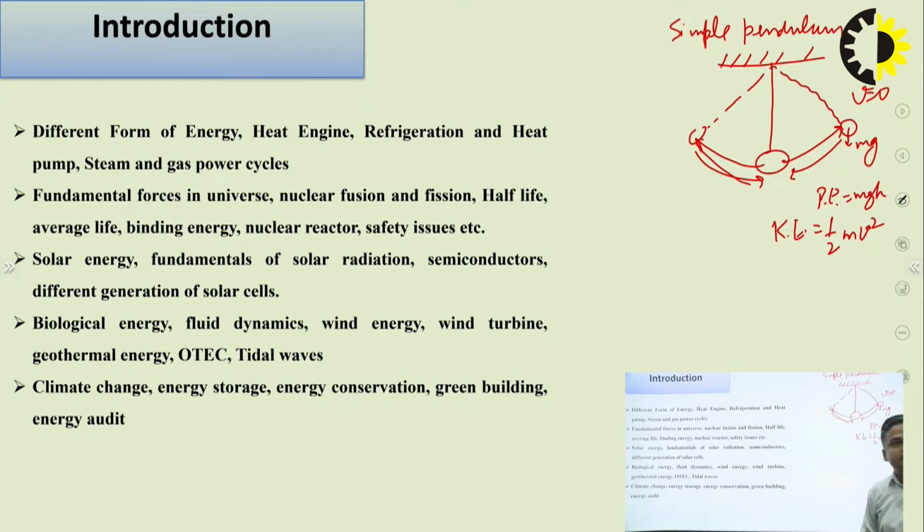Now next is the heat engine. So these topics, different forms of energy, heat engine, refrigeration and heat pump, steam and gas power cycles are related to unit 1.